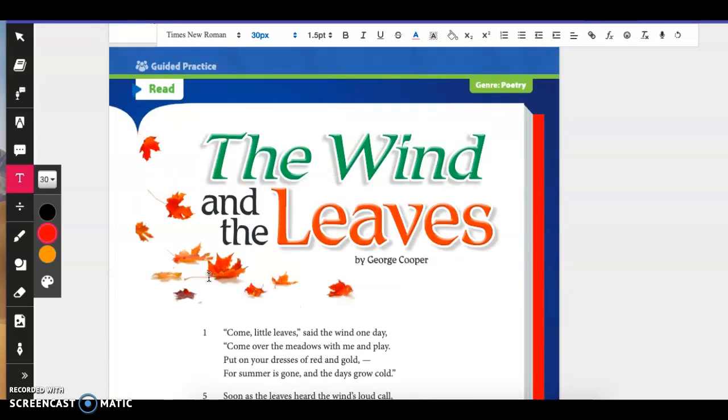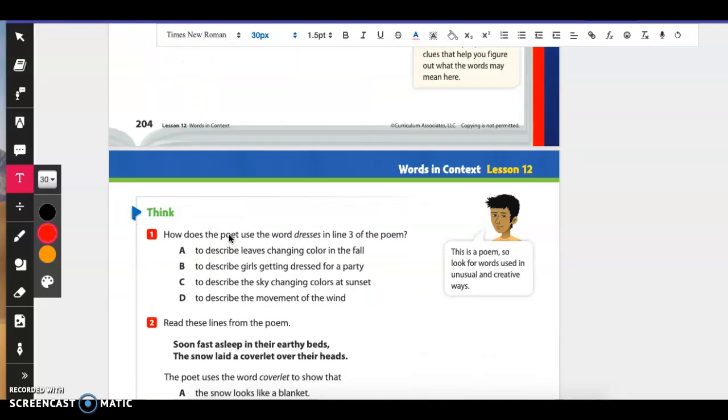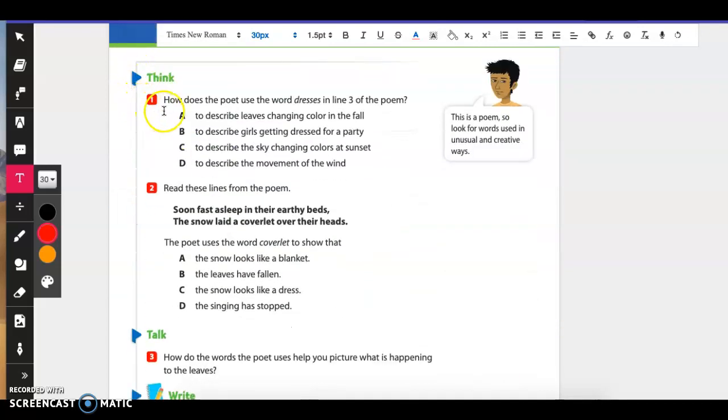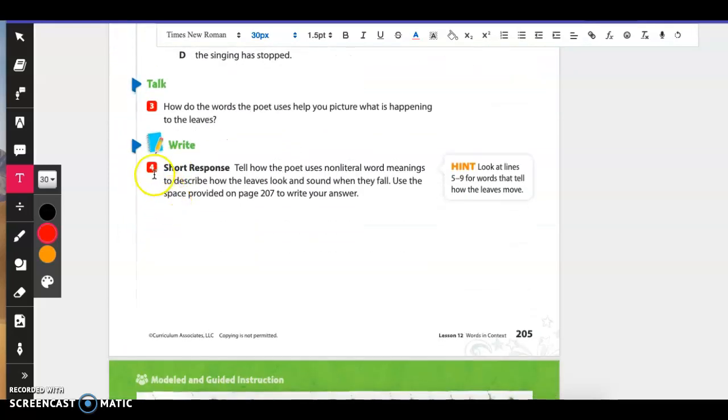Now you're going to go to The Wind and the Leaves by George Cooper. This is a poem, and it has literal and non-literal language inside the poem. You're going to read the poem first, then you're going to begin answering number 1, number 2, number 3, and then your short answer response on number 4.